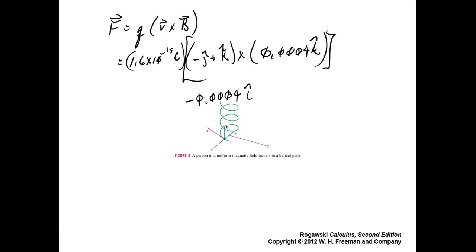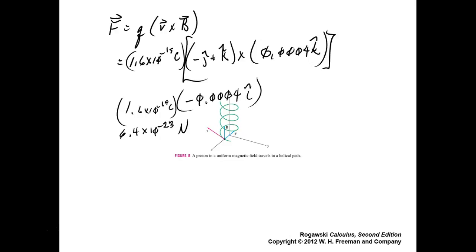And then you multiply that by the 1.6 times 10 to the minus 19 coulombs. And you get an incredibly tiny number. It looks like about 6.4 times 10 to the minus 23 newtons. Pretty small.